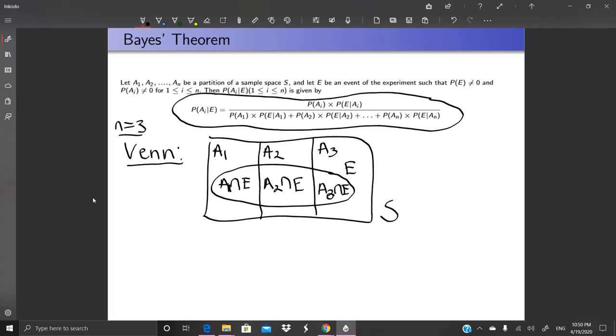Partition means that A1, A2, and A3 partition the whole space S, so A1, A2, A3 are mutually exclusive. They have nothing in common.